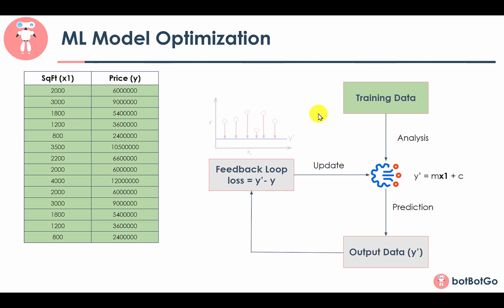To get a better understanding, let's assume I'm plotting all the sizes and the prices of different properties on an X and Y plane, wherein on the X axis I have all the sizes in square feet, and on the Y axis I have all the prices. If you see here, this blue line is a model, which is Y1. And all these red lines, or this distance, is the error for each data point.